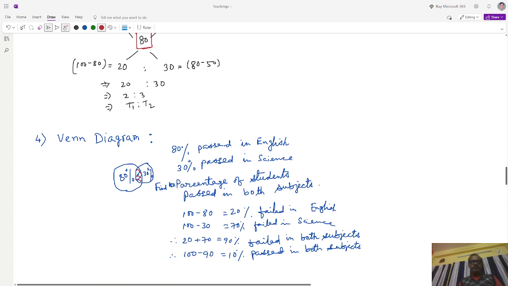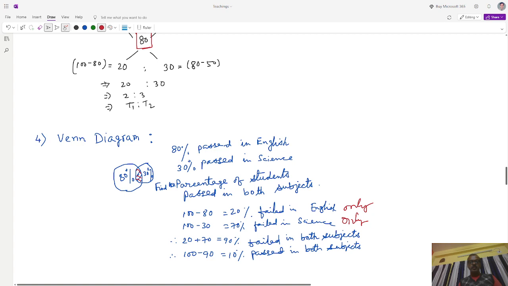So the percentage of students who failed in English is equal to 100 minus 80, that is 20%. And the percentage of students who failed in science is 100 minus 30, equal to 70%.